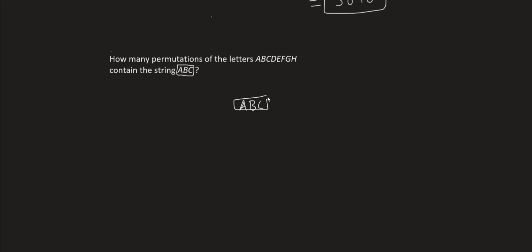So for example, A, B, C, D, E, F, G, H is one of these permutations. Similarly, D, A, B, C, E, F, G, H is another, but ABC is still intact there.